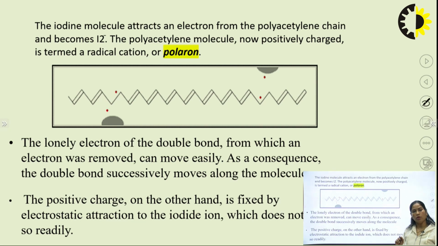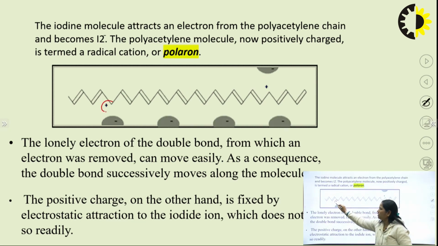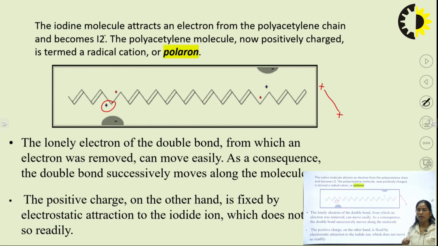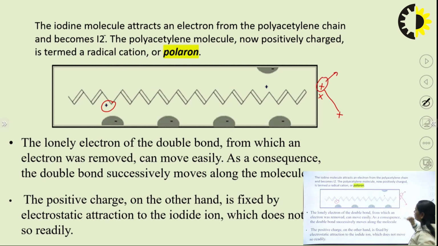In this doping process, you can see when a positive charge is generated, one double bond breaks down. The double bond is the formation of one electron from both ends, and one electron is eliminated, leaving behind a positive sign. Then what about the other electron?